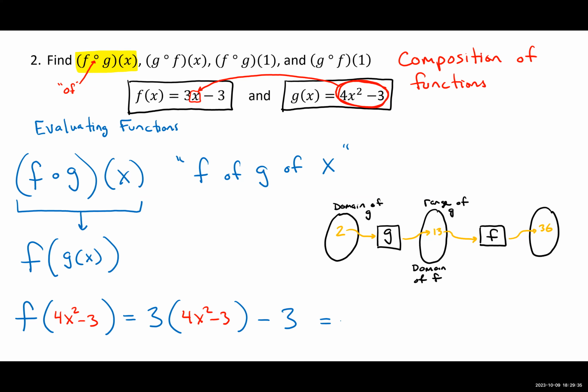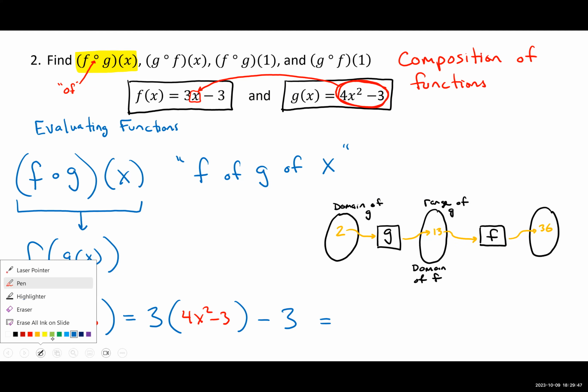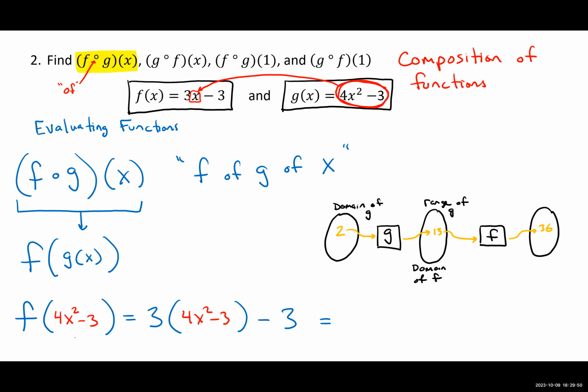Now we simplify the way we have done previously. Distribute, collect like terms. Should just be a couple of steps here, so we can multiply through: 3 times 4x squared, 3 times minus 3.